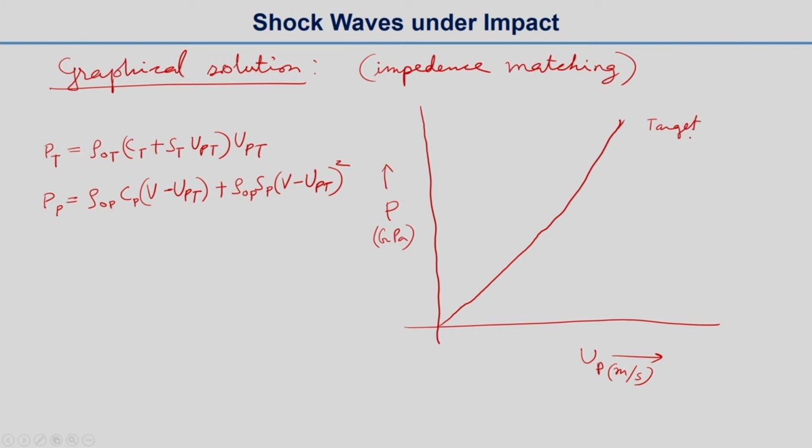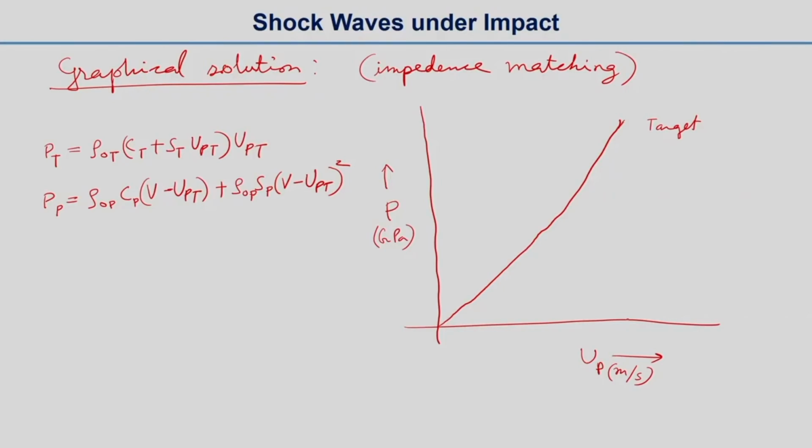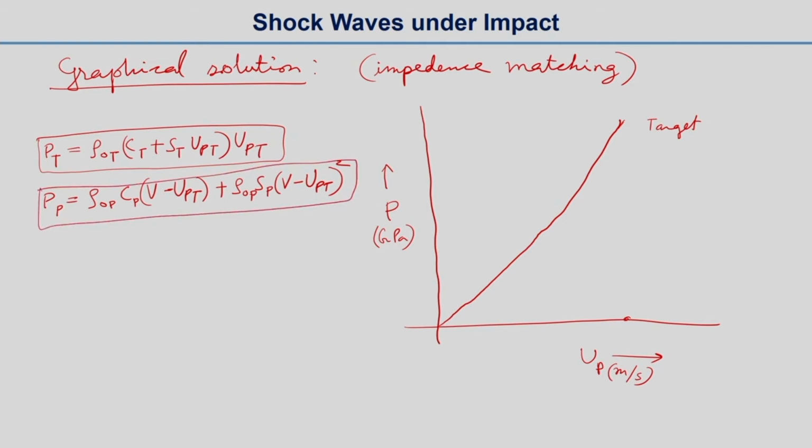It shows how the pressure will vary with respect to the particle velocity. We are plotting the target equation first, and then we will do the other one. This one will look something like this, and this is for the projectile.